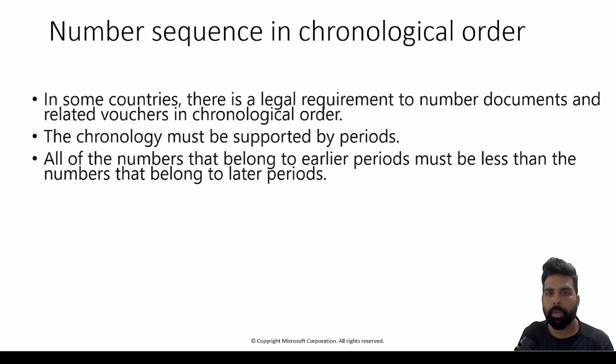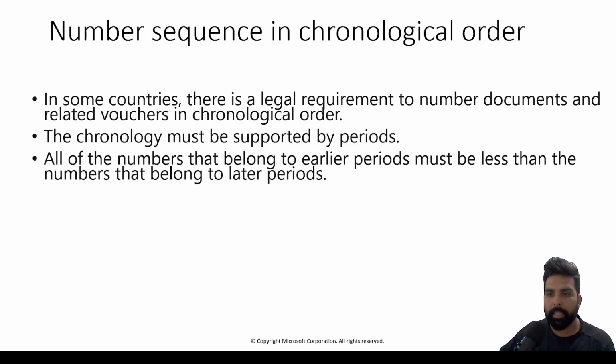So what I mean by the chronological order and the supported by the fiscal period in Microsoft Dynamics 365 is that if I have a number sequence which is for the year 2023, then let's say you have a prefix of 2023 in that number sequence, and when you move to the next year 2024, then automatically based on the transaction date which will fall under the next year, the system should start generating the number for that particular year having the prefix or whatever the number sequence you define for that particular year.